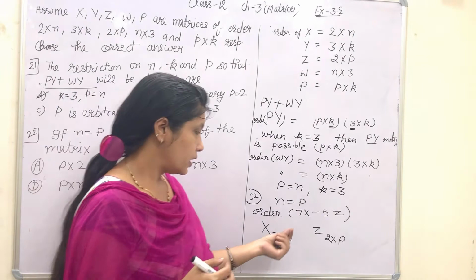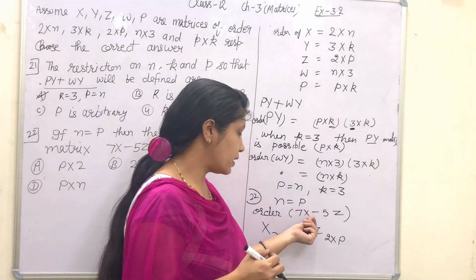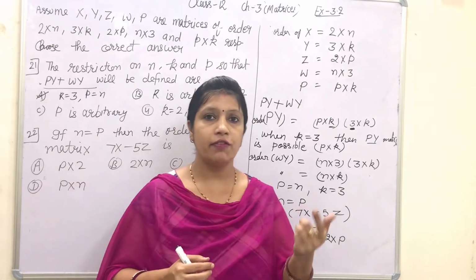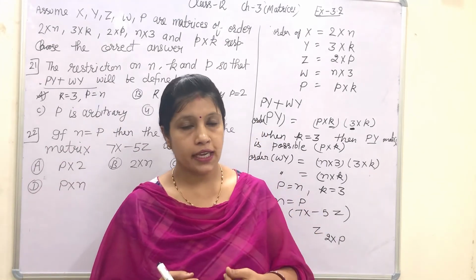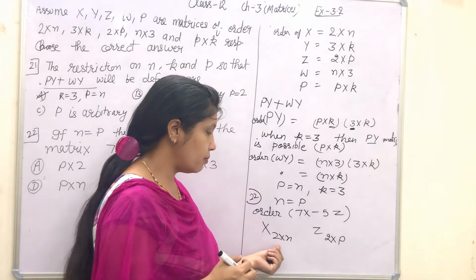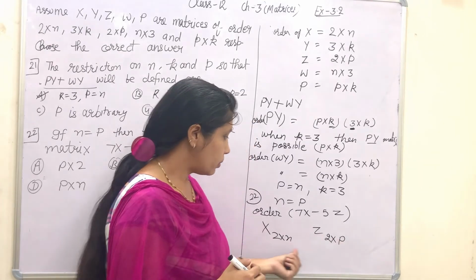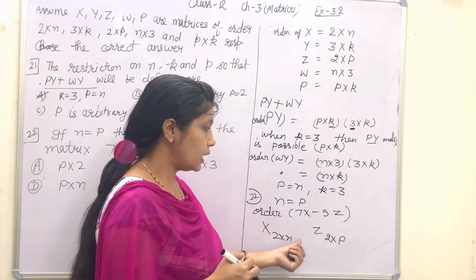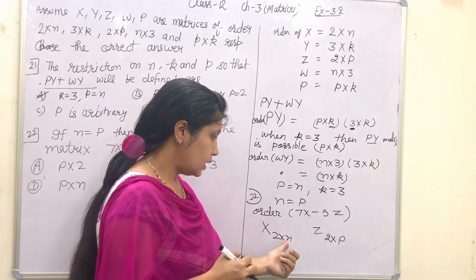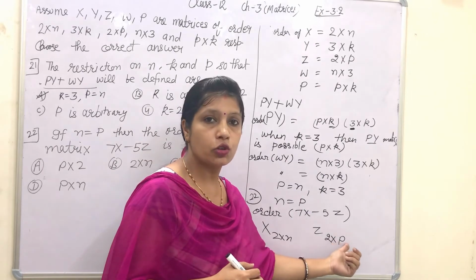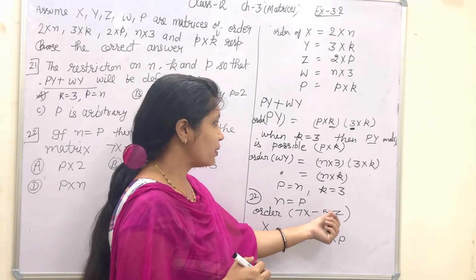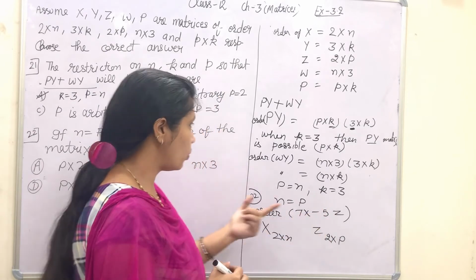You know that subtraction of two matrices is possible only when their orders are same. Here you can see the rows of both matrices are same, but the columns are P and N, and it is already given that N equal to P, means here is 2 cross N and here is also 2 cross N. So we can say that the order of 7x minus 5z, this matrix is possible.